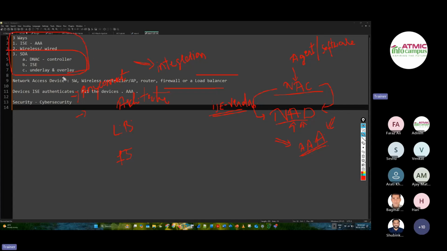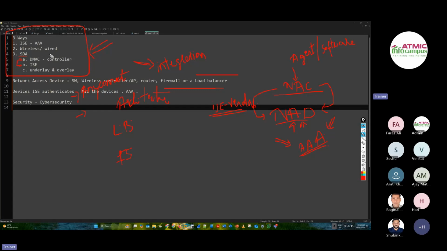What are the 3 ways that you can use ICE? This is why I came up with the question, because I see almost 10 folks are new to ICE and I want you to take away some basics from here. When you are working on SDA, software defined access, you will be integrating part of DNA Center with ICE, because they have to work very closely.